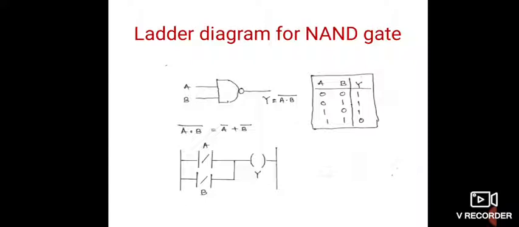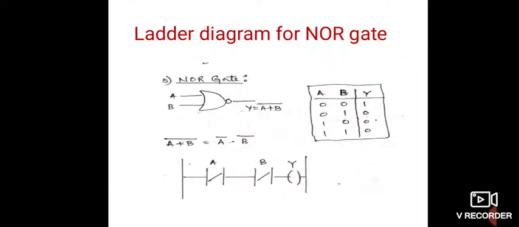So (A and B) whole bar is converted into A bar or B bar. Then the ladder diagram is drawn like the OR gate, but the difference is that A and B are both inverted, because Y equals A bar or B bar.